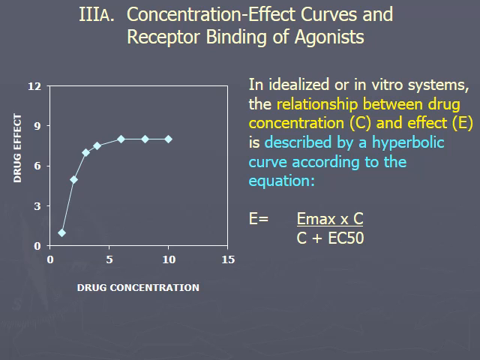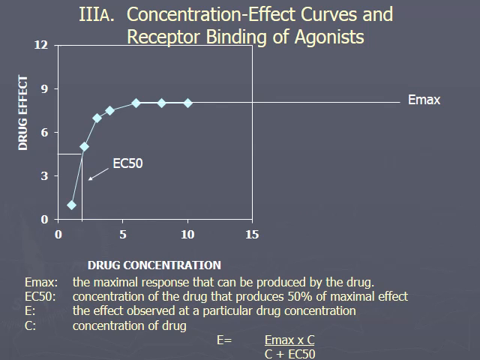And you're going to see a similar equation in the binding curve. But before I do that, I wanted to reiterate some of the points on the curve. Of course, we have the Emax, the maximum effect. And then there's another point on the curve to consider. This is defined for you down here, but it's called the EC50.